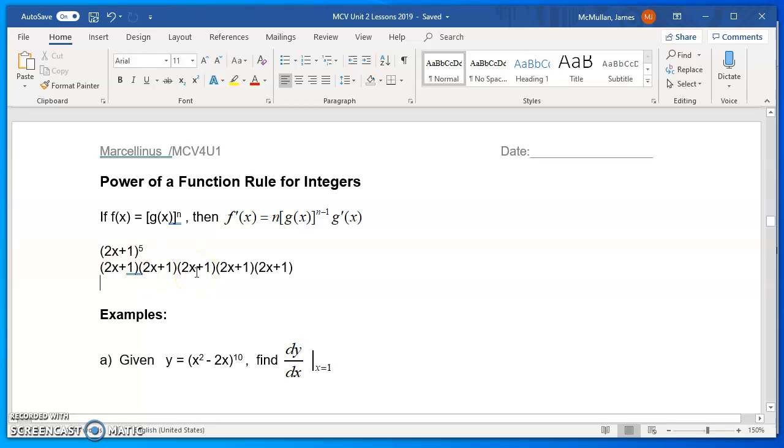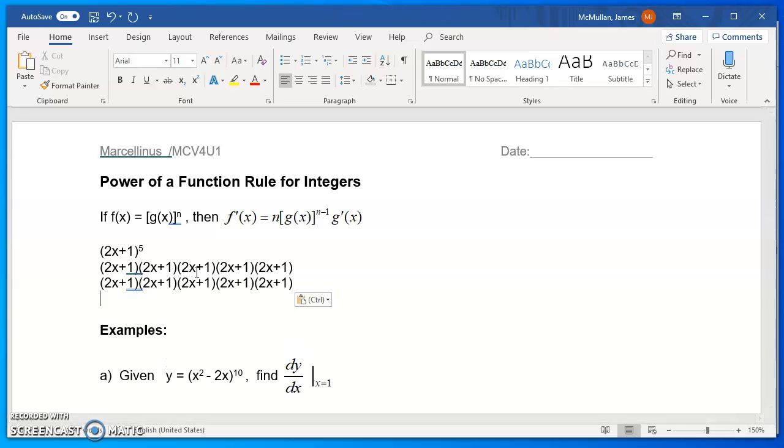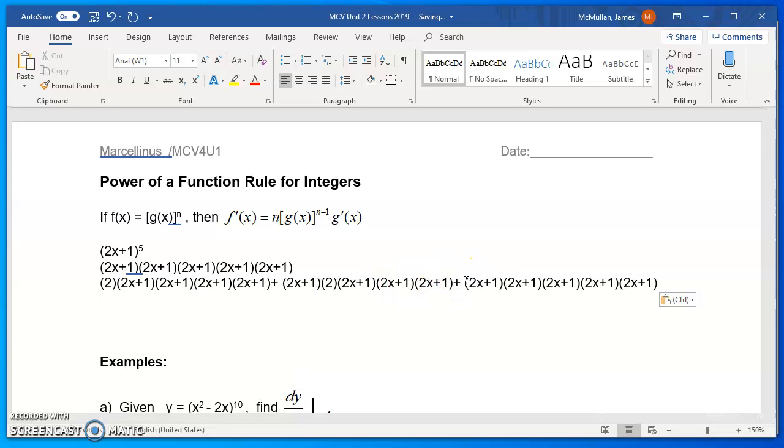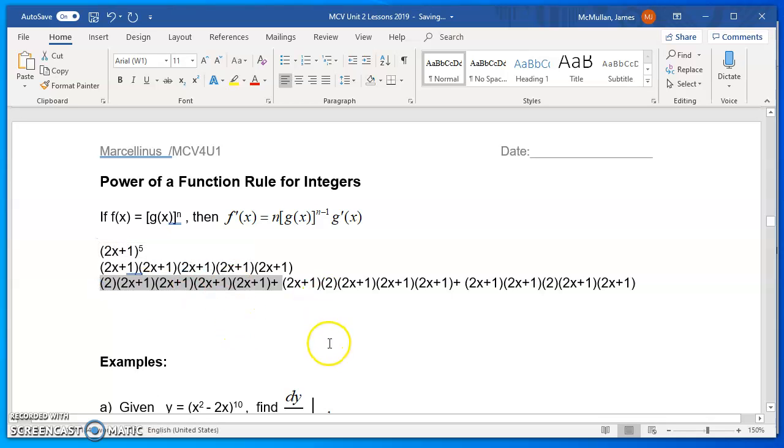Of course, every one of these brackets has the same derivative. So first you would get a 2 for this one, then the second one is a 2, then the third one is a 2, and so you kind of see what's happening here. You would basically get this 5 times.